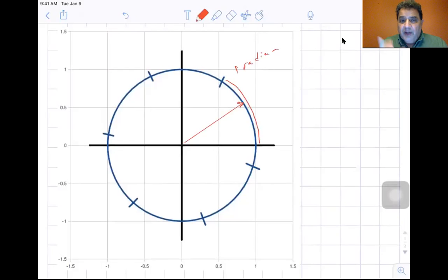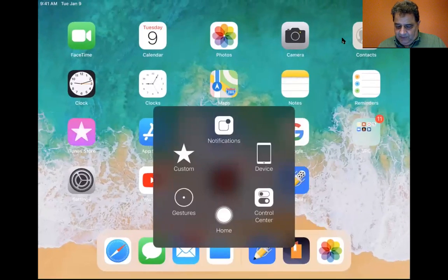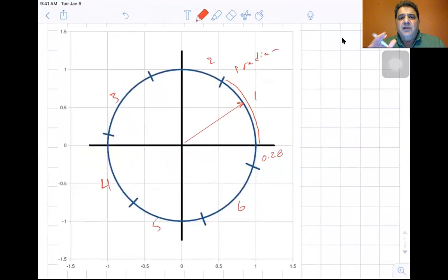How many of these fit in a circle? We have 1, 2, 3, 4, 5, 6, and a little bit more, 0.28 something. Now let's look at just the half circle.